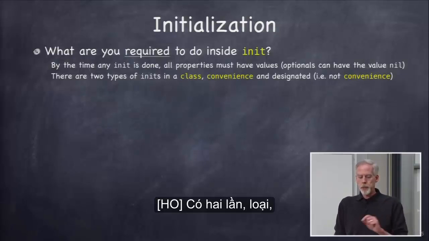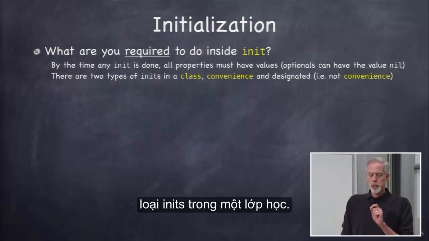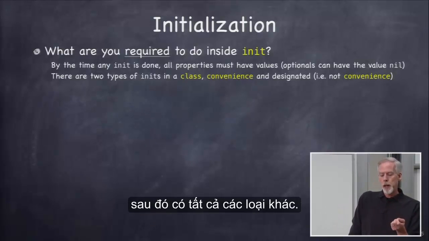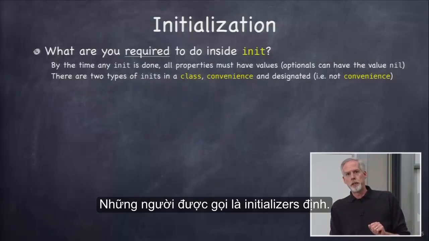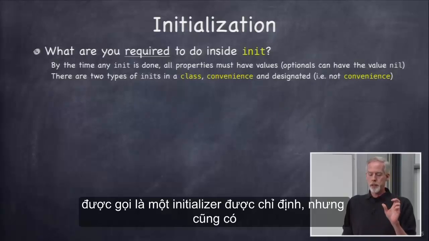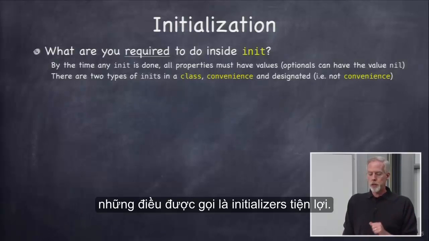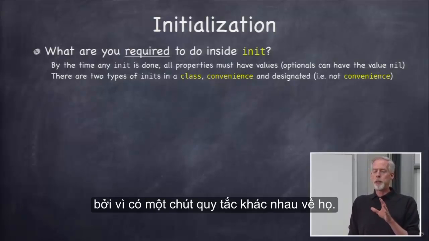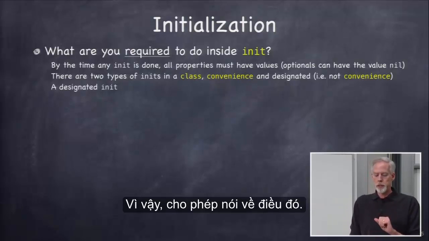There are two types of inits in a class, not in a struct: one is called a convenience init, and all the other kinds are called designated initializers. By default, an initializer is a designated initializer. We make this distinction because there are slightly different rules about them, so let's talk about that.